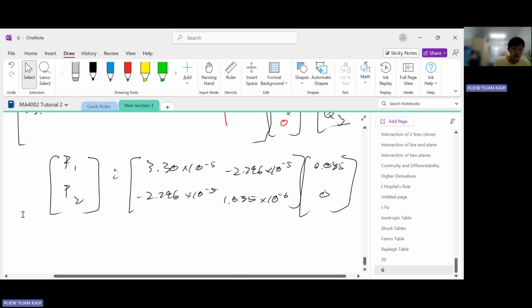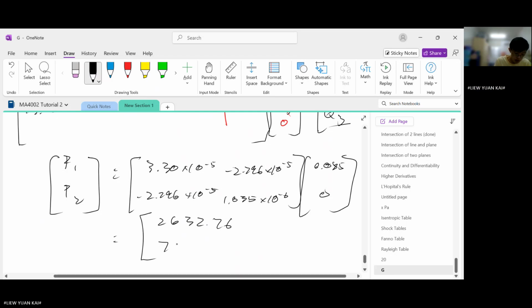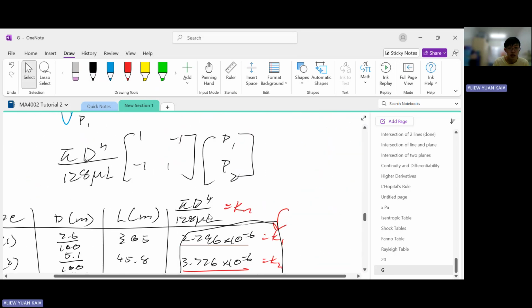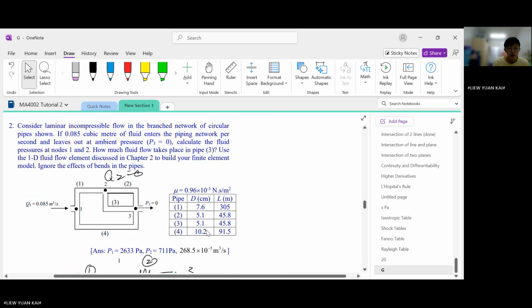If you do this matrix multiplication, you will get the values. So that's P1 and P2.